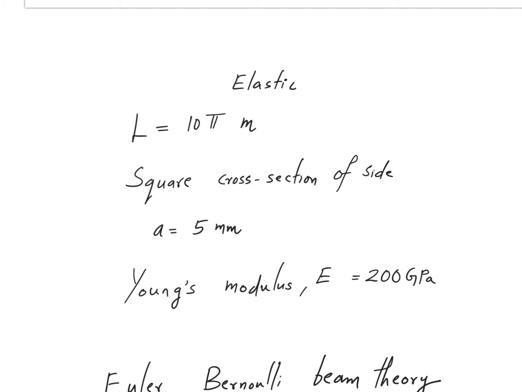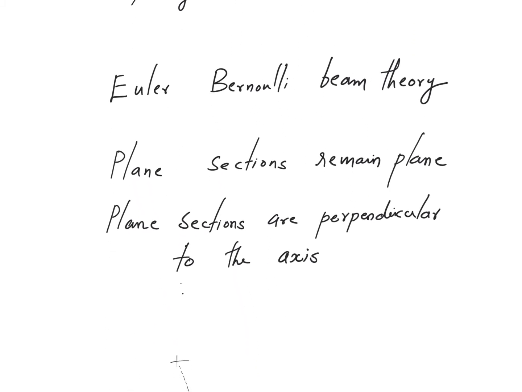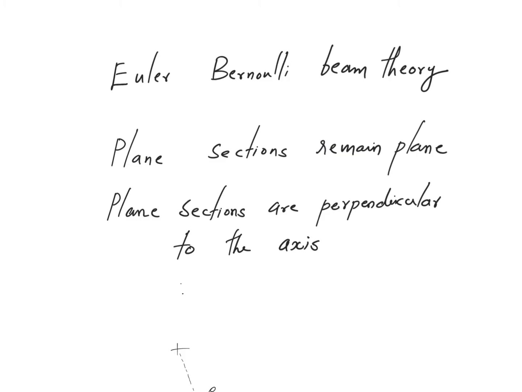Here, everything is given. We have the length of the beam, the cross sectional details of the beam, and the material properties of the beam as well. In the question itself, they are telling us we can invoke the Euler-Bernoulli beam theory.